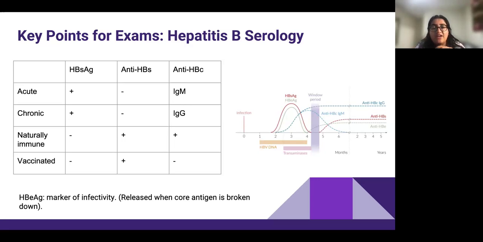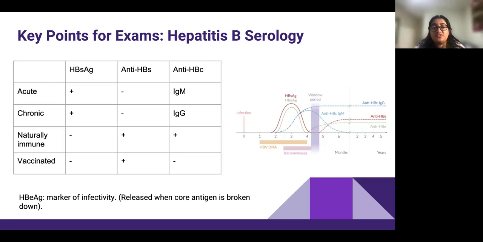And then you have hepatitis B core. This is like the inner part of the hepatitis B virus. It's positive in acute and chronic, but it's associated with different antibodies. In an acute infection, you would have IgM antibodies, and in a chronic infection, you'd have IgG antibodies.